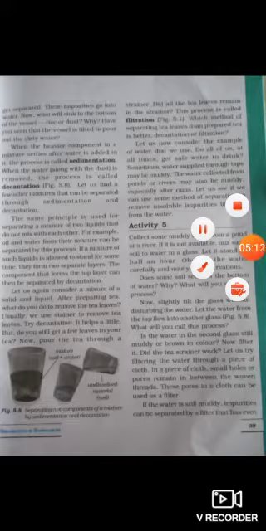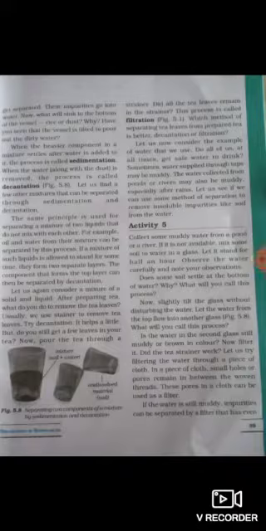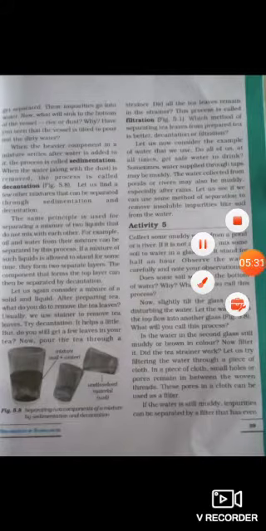The soil has separated, but the water which we have separated still has some finer impurities. But this separation of soil particles and the water is called decantation, right? Okay. So I told you that we were unable to separate all the soil particles, but this water still has some finer impurities. Can you see that in the picture?